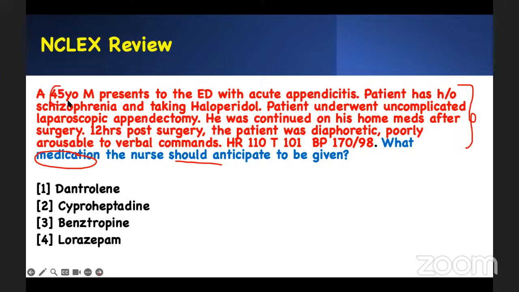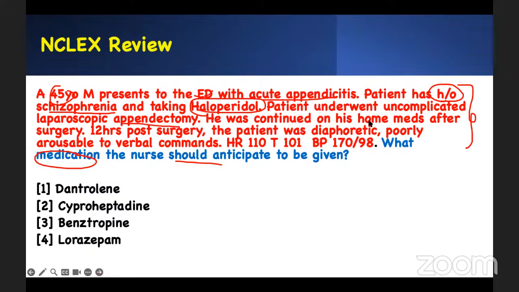We have a 45-year-old. He presents to the emergency room with what? Acute appendicitis. Patient has a history, you see, I told you, history of what? Schizophrenia. And he's taking what? Haloperidol. Okay. Patient underwent uncomplicated laparoscopic appendectomy. That means we removed the appendix.